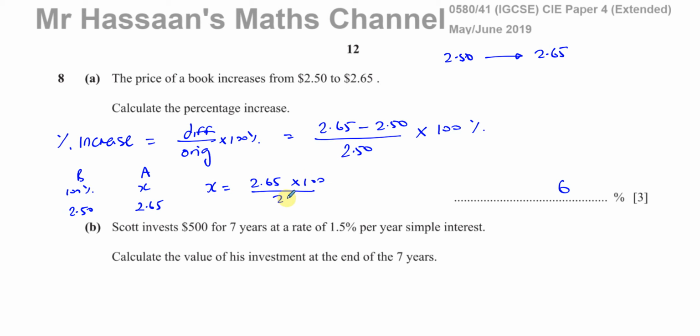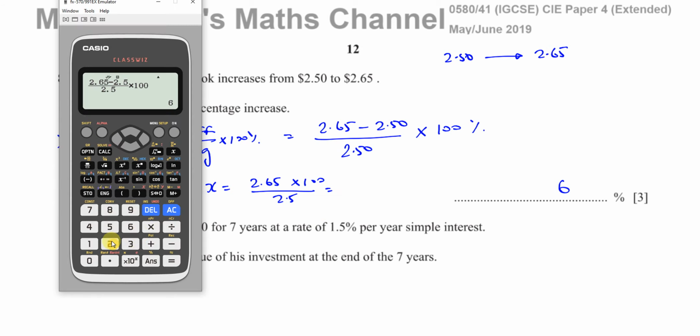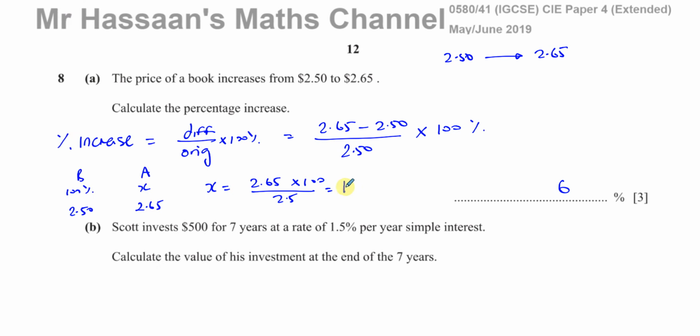We can say x equals 2.65 times 100 divided by 2.50, which is 2.5. Now that gives you 106.